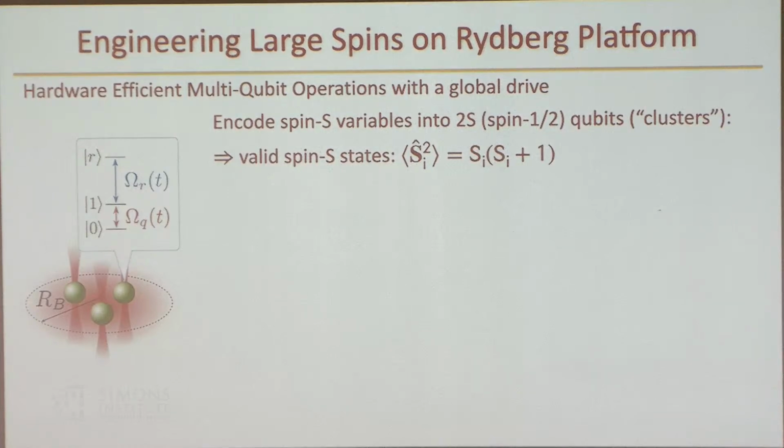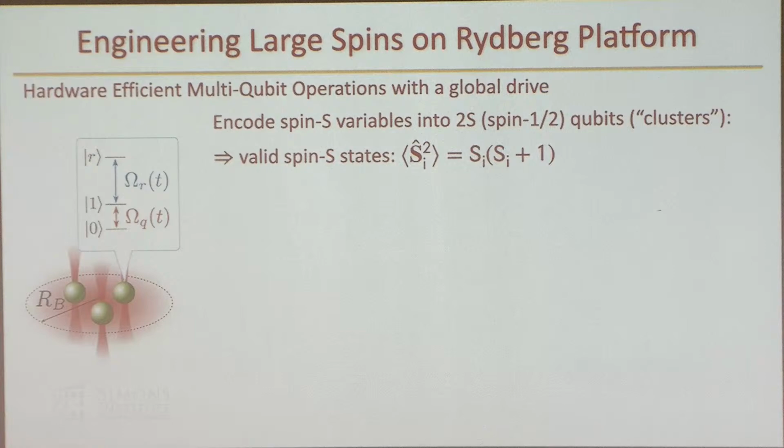So this encoding is very simple, but it has one problem, because not every state of 2S qubits is also an S spin state. So in order to have this spin state, we have to always project back into the fully symmetric state.